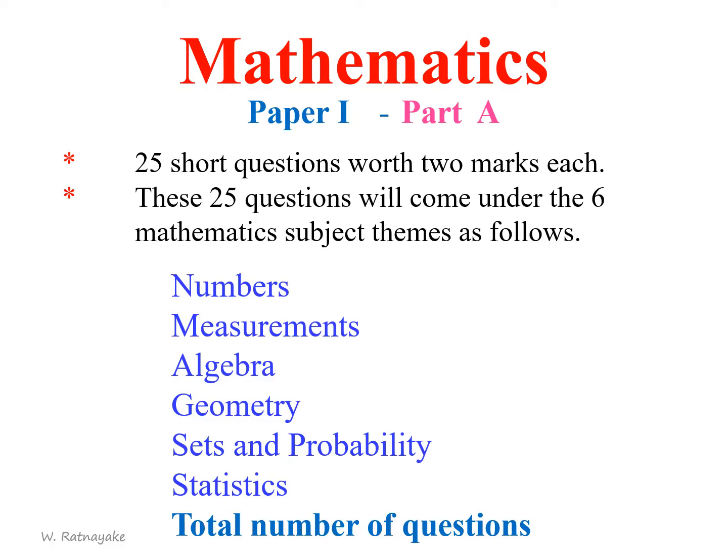The 25 short questions in part A of paper 1 are formed like this: 4 questions from the number theme, 4 from measurements, 6 from algebra, 8 from geometry, 2 from sets and probability, and 1 from statistics.